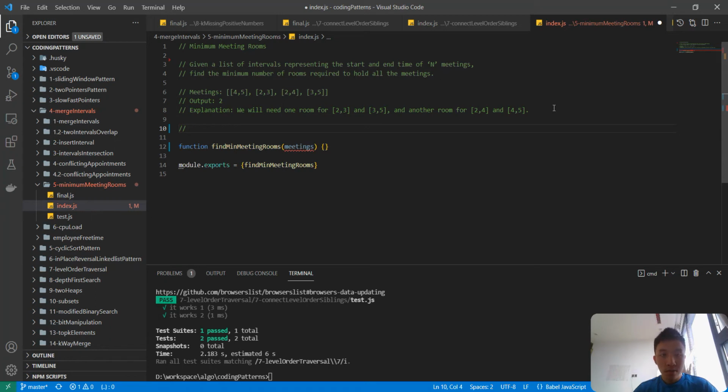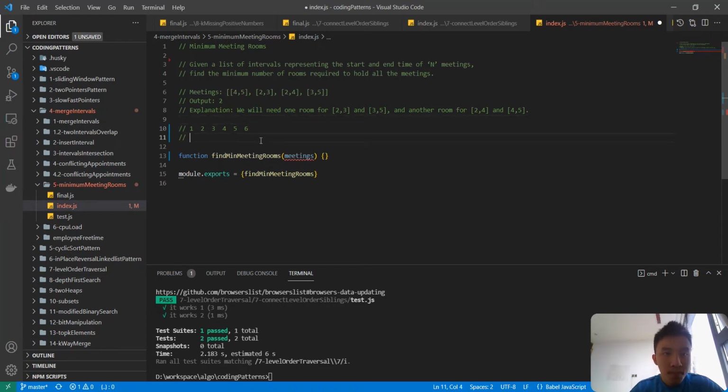I think we should make a diagram here, right? So the first meeting, let's say, is 4 and 5.